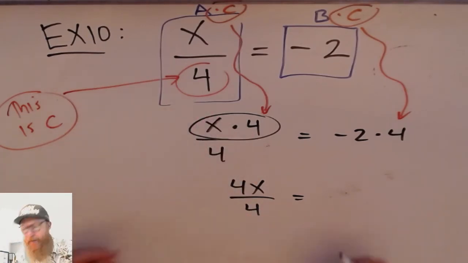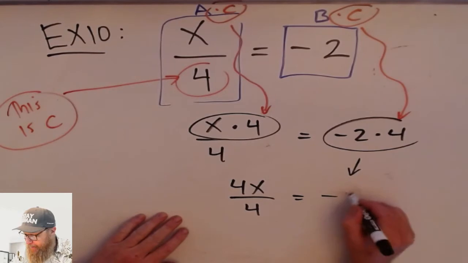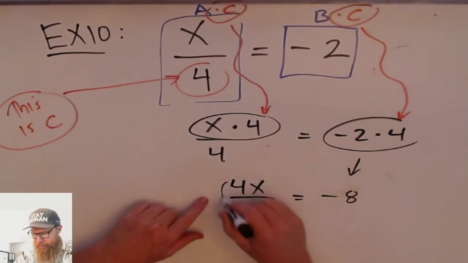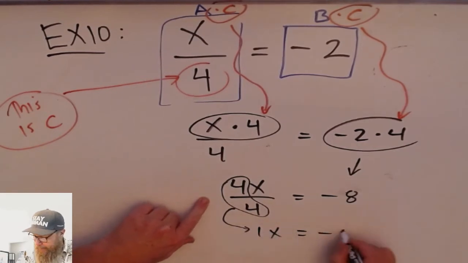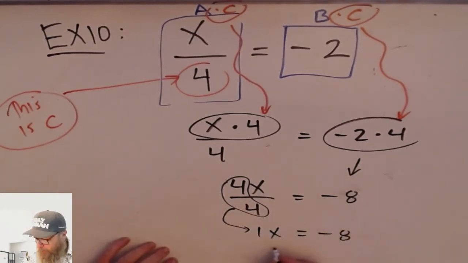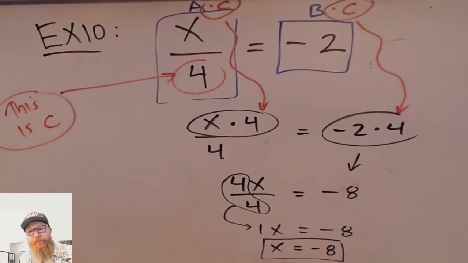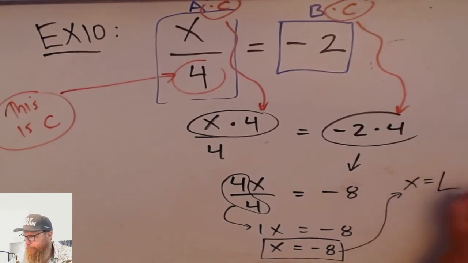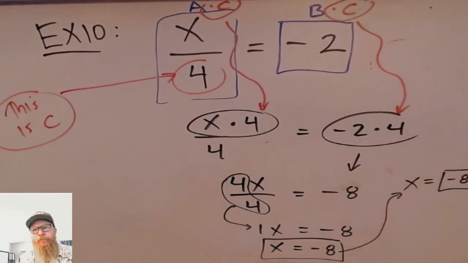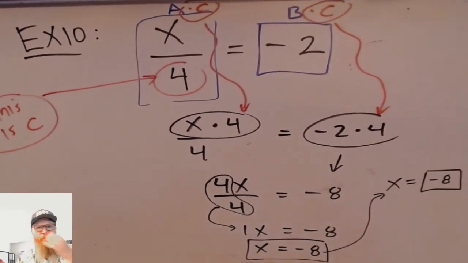It'll already be in the right order. And then this becomes -8. And then 4 divided by 4 is 1. And as usual, we omit the 1, so the solution is just -8. Okay. So that's the multiplication property.